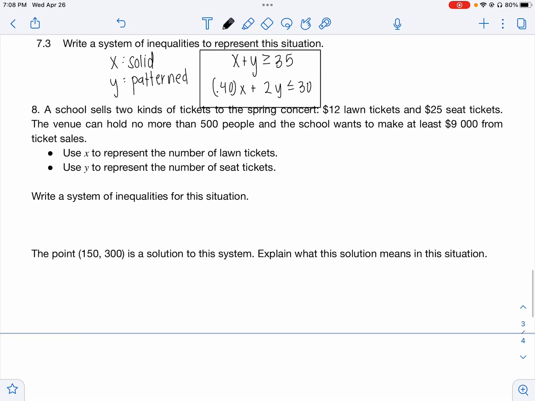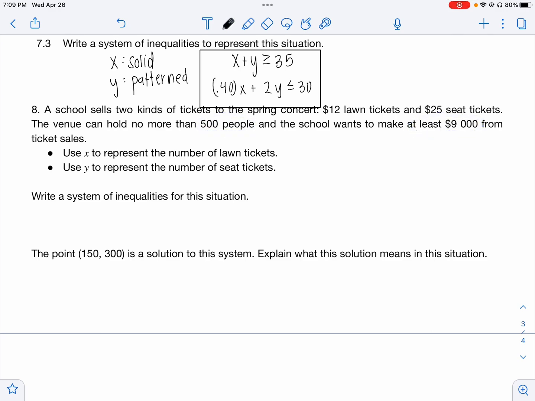Last one, a school sells 2 kinds of tickets to the spring concert, $12 lawn tickets and $25 seat tickets. The venue can hold no more than 500 people and the school wants to make at least $9,000 from the ticket sales. Use X to represent the number of lawn tickets and Y to represent the number of seat tickets. Write a system of inequalities for this situation. Okay, so we have two things that are happening. We need no more than 500 people, but we need at least $9,000.